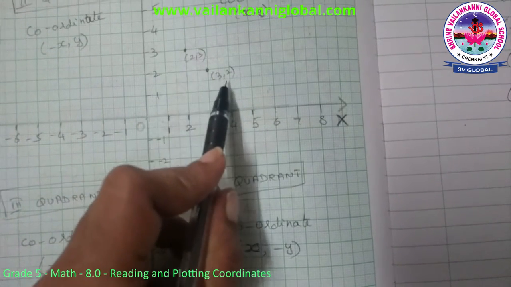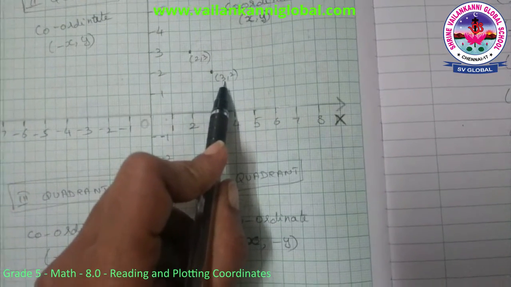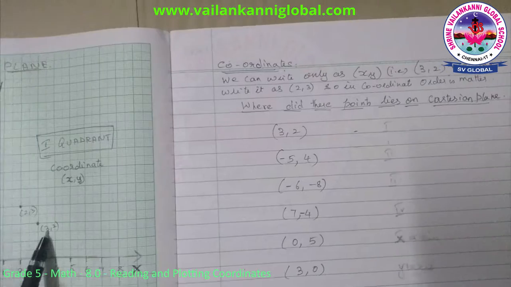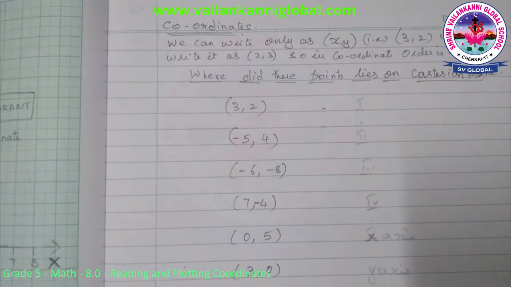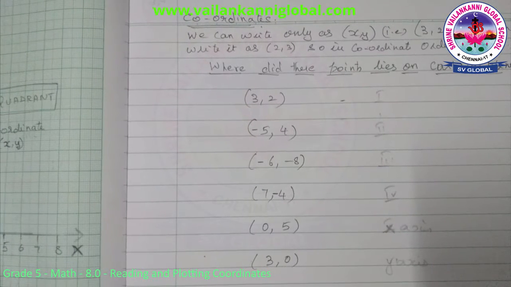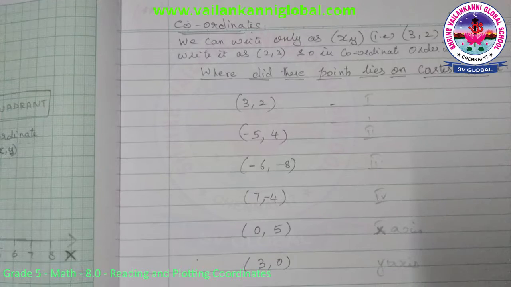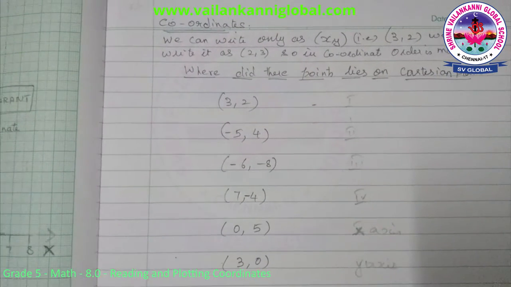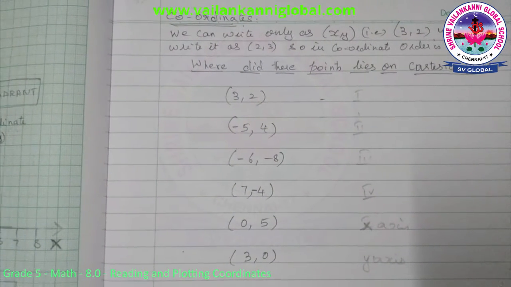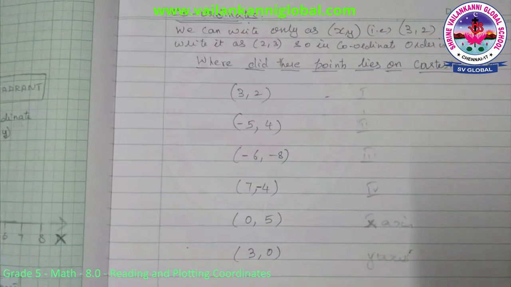So we name it as 3, 2, and that is called the coordinate. The coordinates can be written only as x, y. That is 3, 2. We cannot write it as 2, 3.